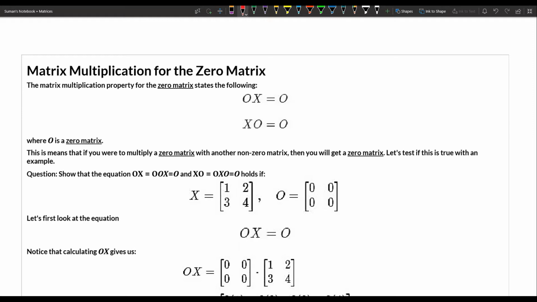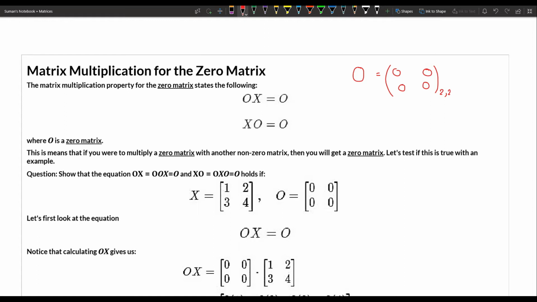Suppose we have a null matrix denoted by O, of order 2 by 2. That means the row numbers are 2 and the column numbers are also 2. So all the elements of the null matrix or the zero matrix are 0.